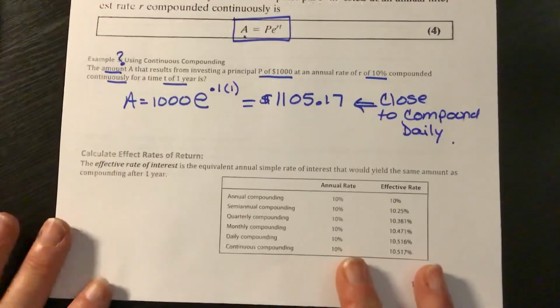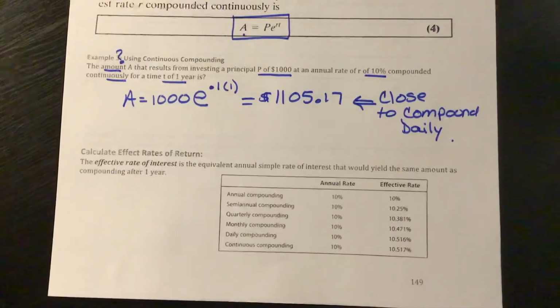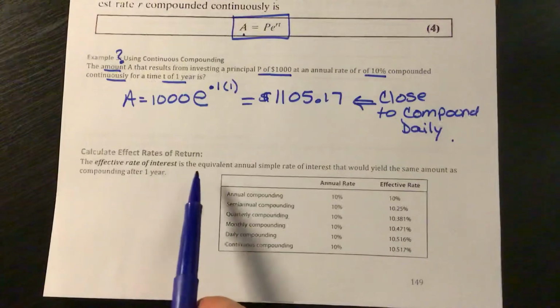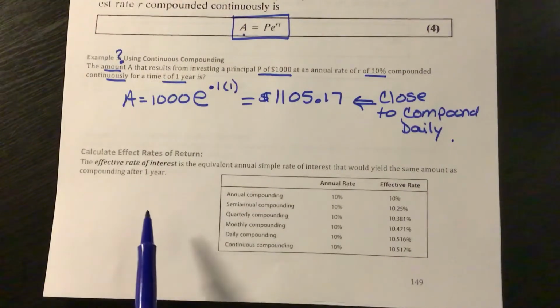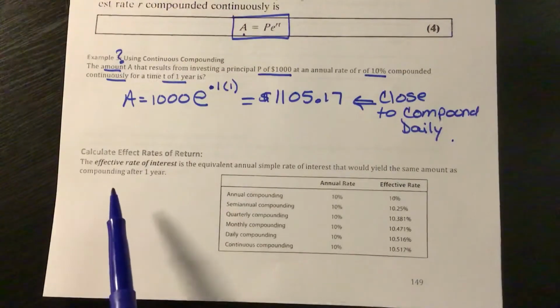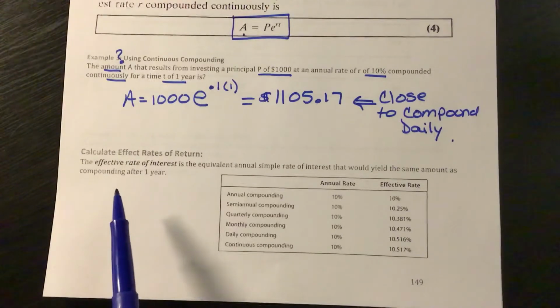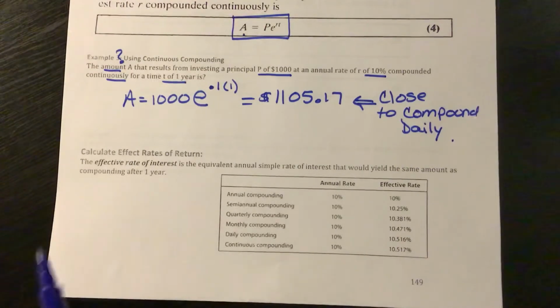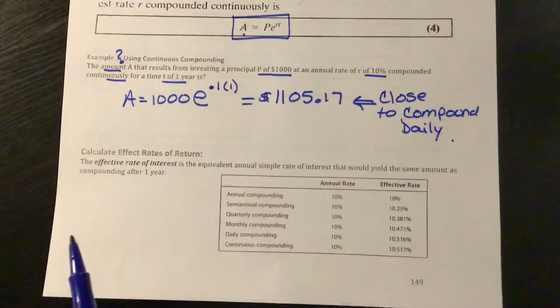All right, so then here's this chart down here, and this is called an effective rate of return. A lot of times credit cards will do that, and you'll see that they'll say they have a 3% interest, and then they'll have a little asterisk, and then it'll say, well, actually it's 3.15% or 3.2%.